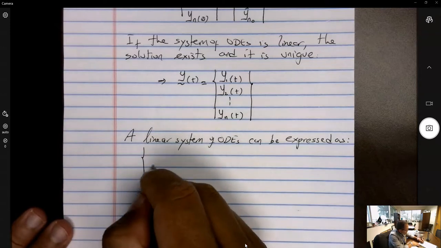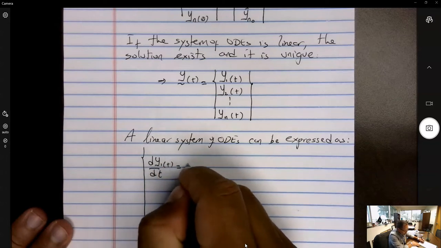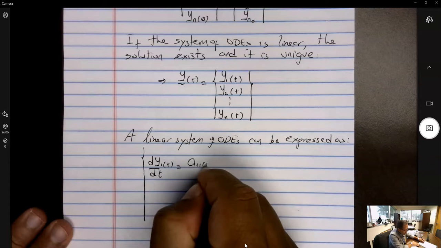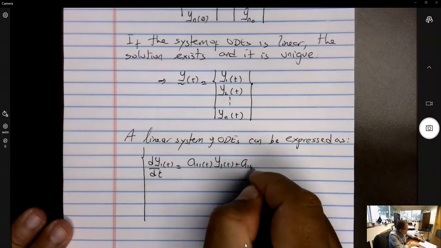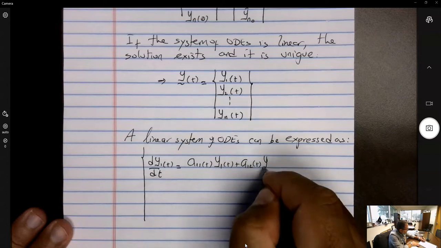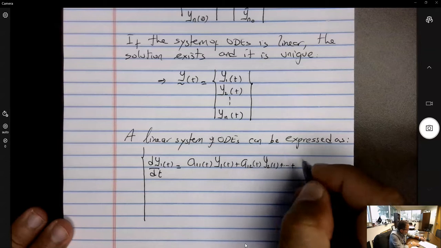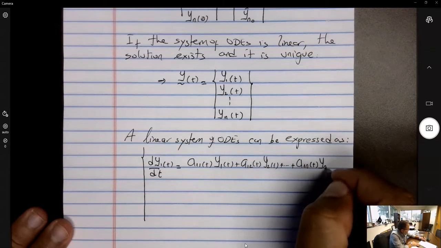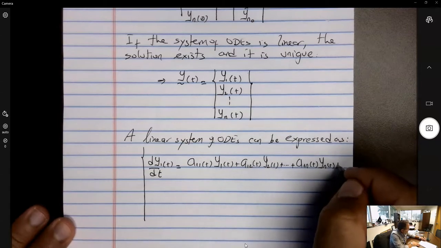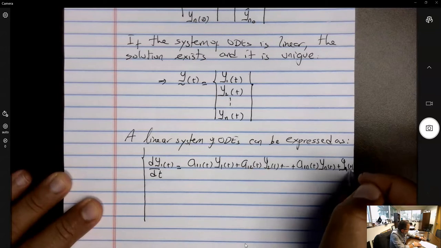So it would be, start here, dy1 dt is equal to a11 of t times y1 plus a12 of t times y2 plus ... a1n of t times yn of t plus g1 of t.